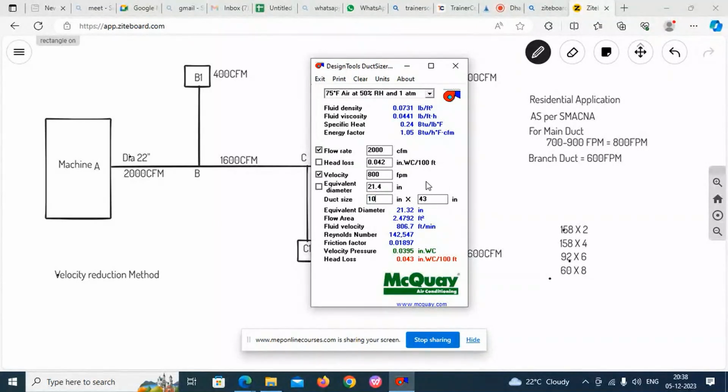Again I told, even if it is odd, you make it even. So 44 by 10.